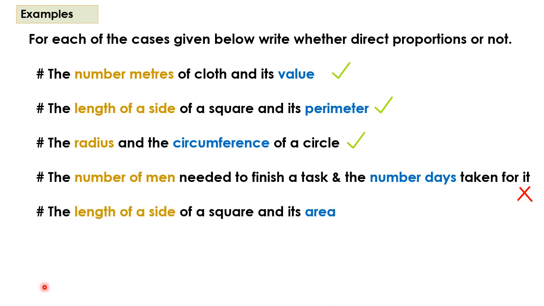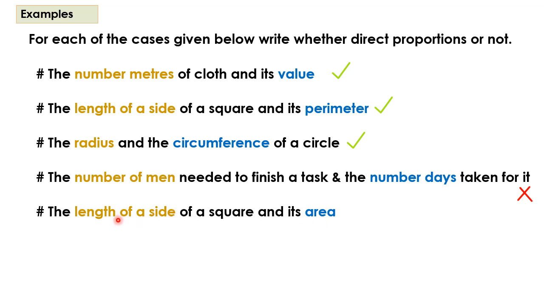One more: the length of a side of a square and its area. When you take the length of a side and its area and see the relationship between the two quantities, if the length is 1 centimeter, the area is 1.